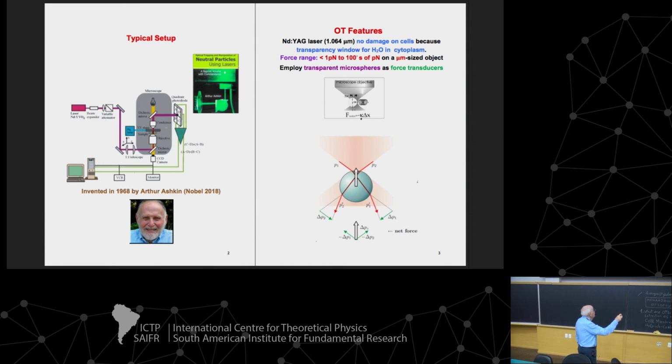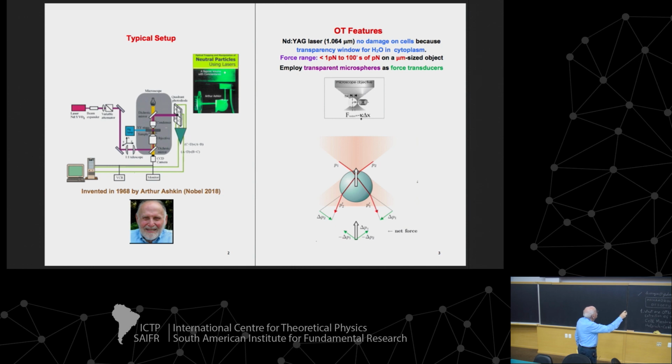Well, that ray is deflected by refraction at the surface as it hits the sphere. Then by refraction, it travels to the opposite side. It is again refracted. So it starts with a momentum P1 and ends with P1 prime.